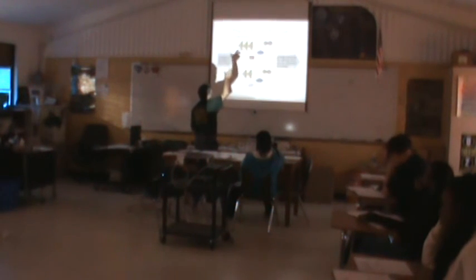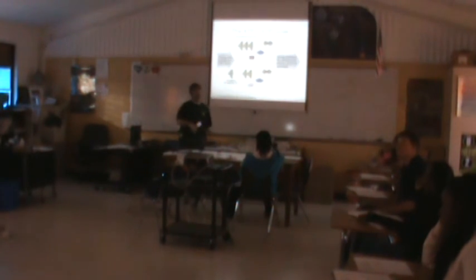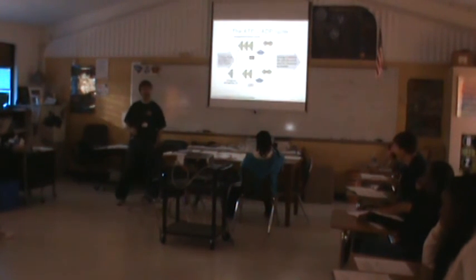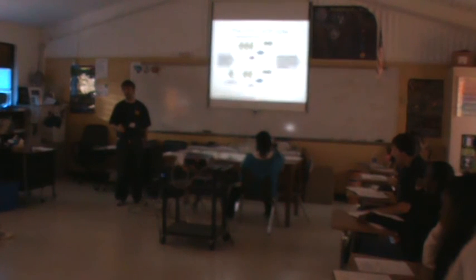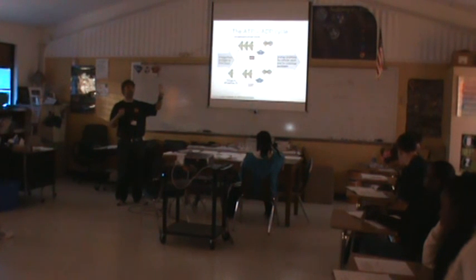Energy is taken in to make ADP into ATP, and the cycle works over and over again. Make sense? Yes. Okay, so energy is used to make ATP. Energy is given off by ATP, makes ADP. Then energy is used to make ADP back into ATP.